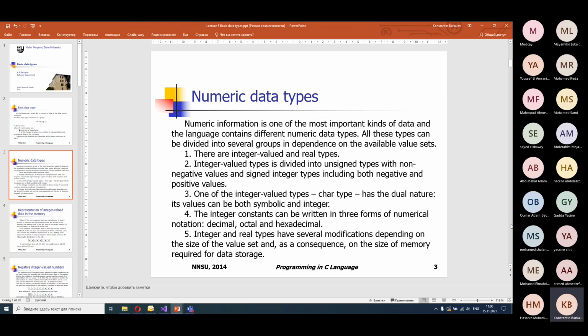We start from numeric data types, because numeric information is one of the important kinds of information, and any programming language contains a data type that corresponds to numeric data.